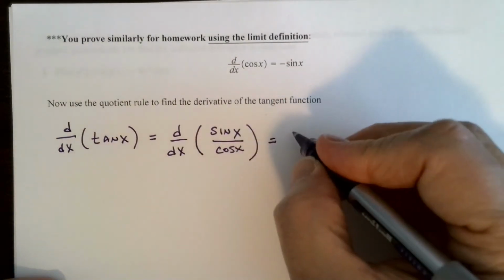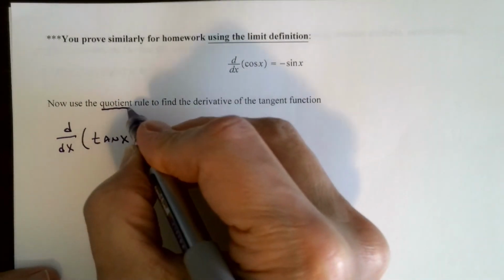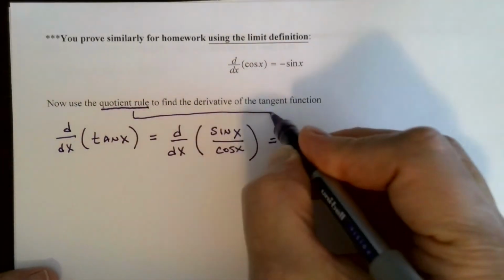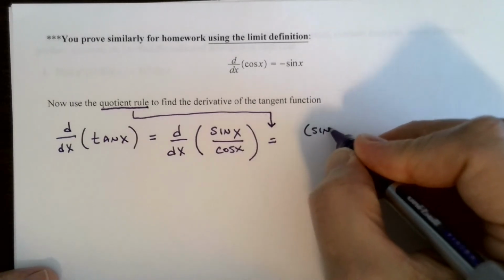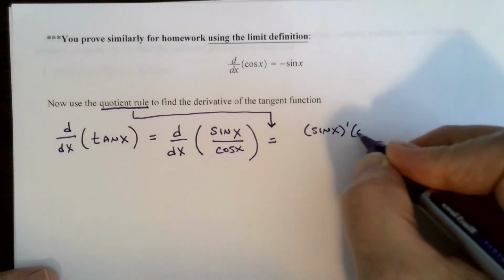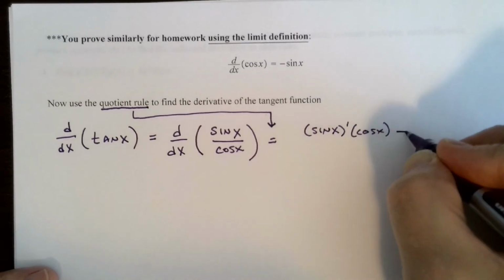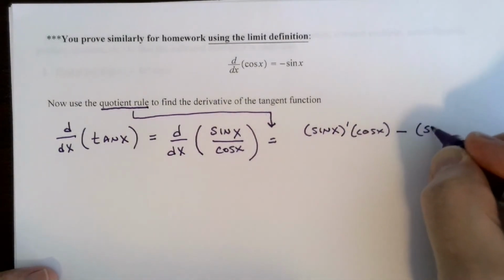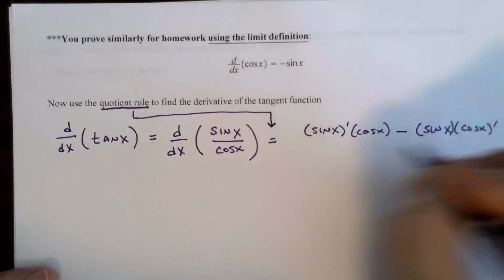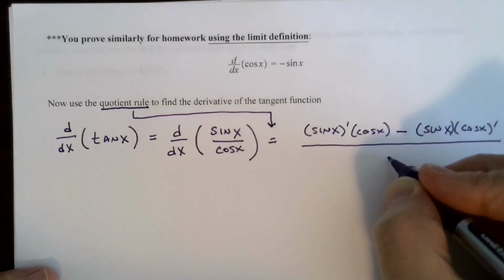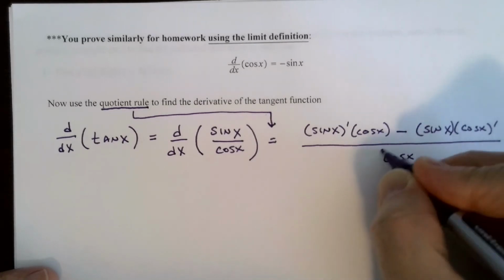By the quotient rule. So I'm going to make use of it right here. So it's the derivative of the top function, if you remember, times the bottom minus the top times the derivative of the bottom, all over the bottom function squared.